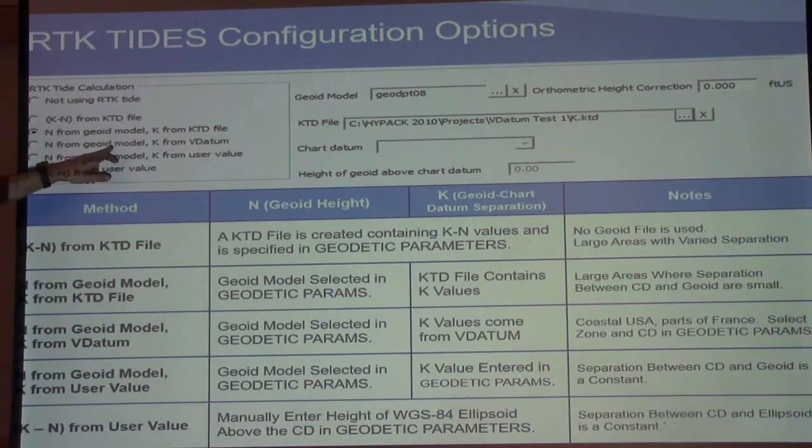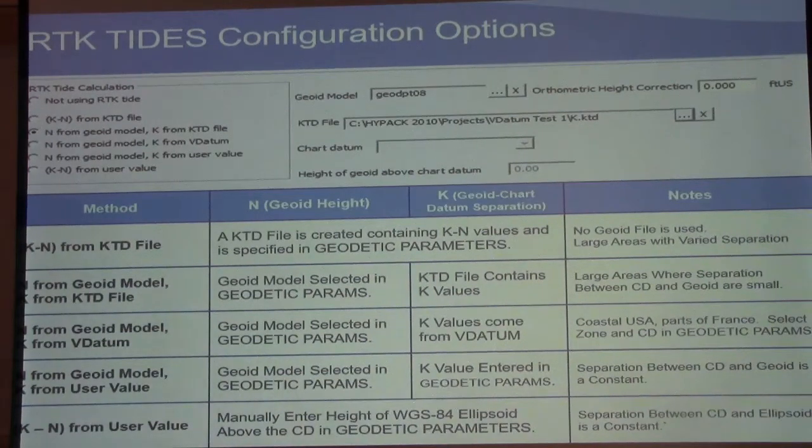We've added this function a few years ago where we could load up the VDatum files. You can download those from NOAA, and it still requires you to load up the latest geoid model in order to derive whatever data you're using, whether it's mean sea level, mean low water, or mean high water. Gives you all those options.